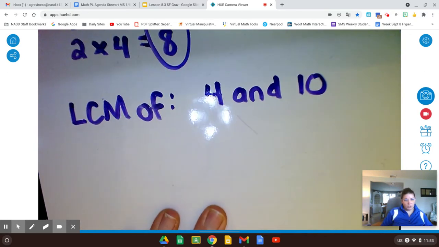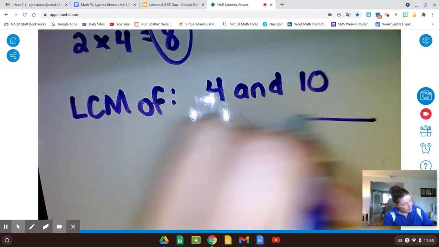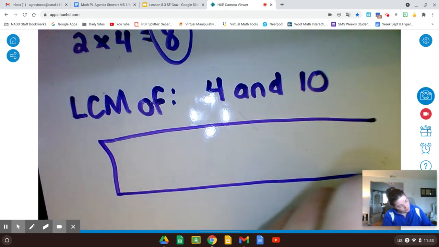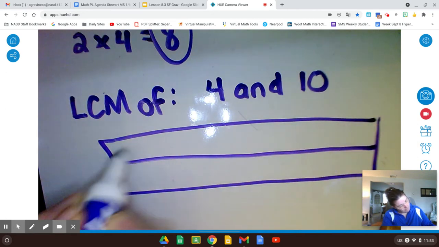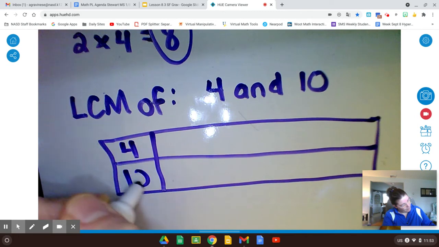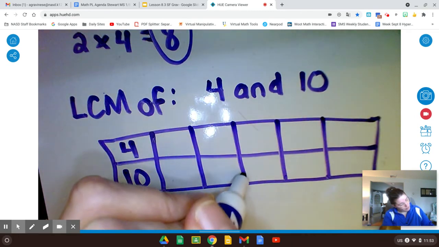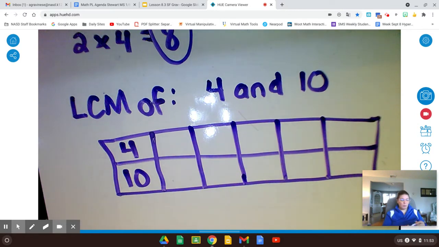This one actually tricks kids a little bit. So go ahead, set up your table. Pause the video and see if you can figure out the least common multiple of 4 and 10.